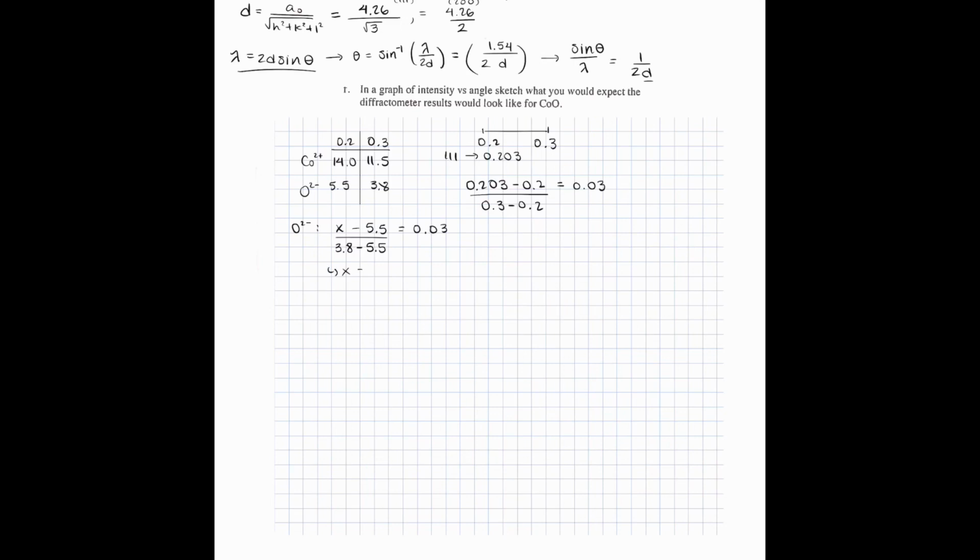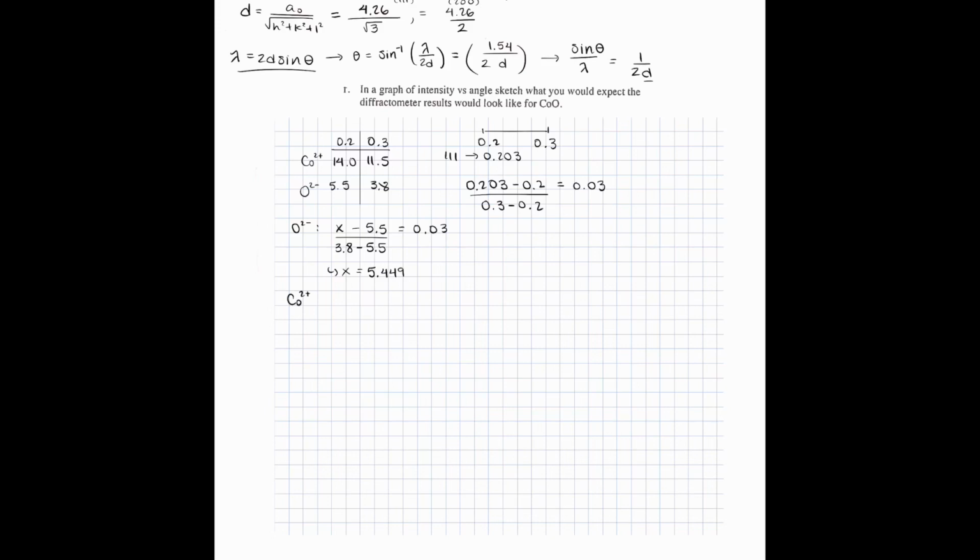From this, we get x is equal to 5.449. Cool.